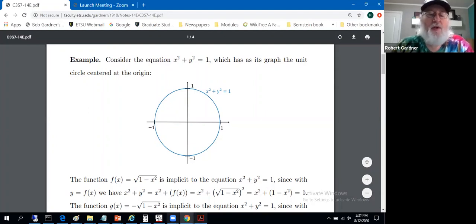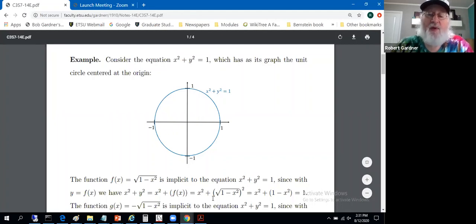First off, the function f of x equals square root of 1 minus x squared. I might emphasize, positive square root of 1 minus x squared. That's implicit to this equation, since if we substitute y equals f of x into x squared plus y squared, we get x squared plus f of x, whoops, missing an exponent there, squared.